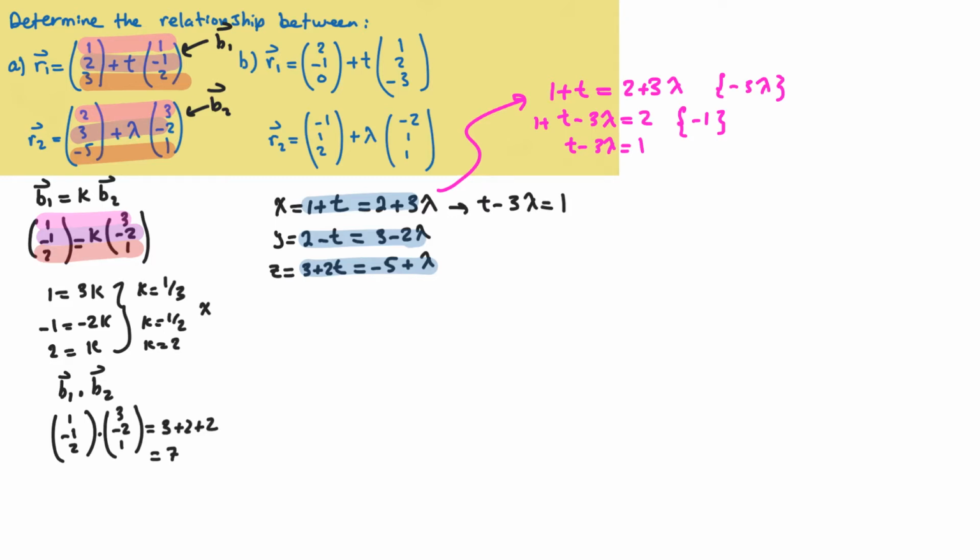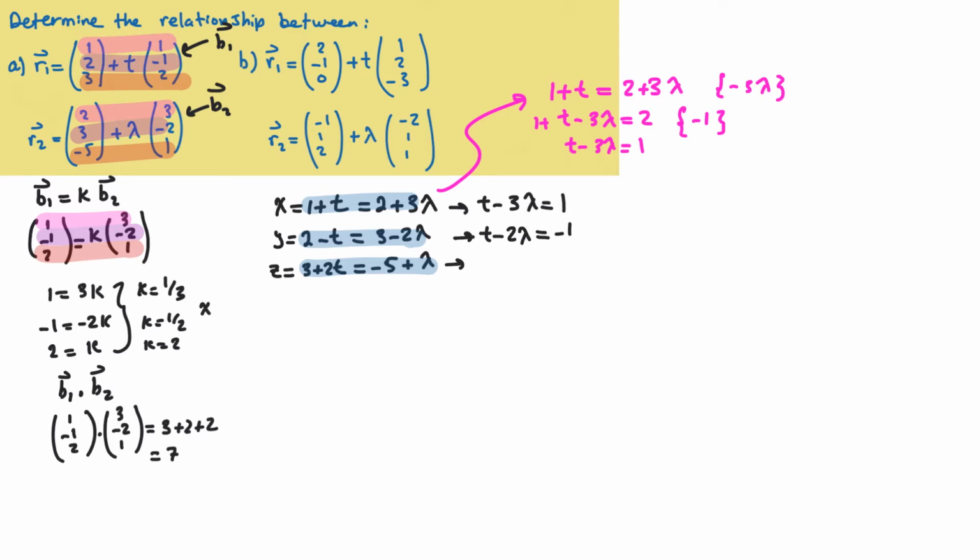For the next equation, I'll add t to both sides to get a positive t. So I will have t minus 2 lambda is equal to, having brought the t to this side by adding t to both sides, and I'm going to subtract 3 from both sides, so I get 2 minus 3 is equal to -1.